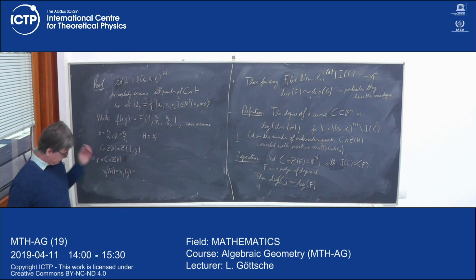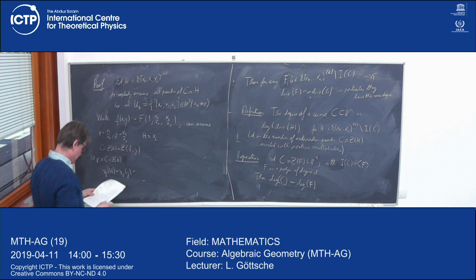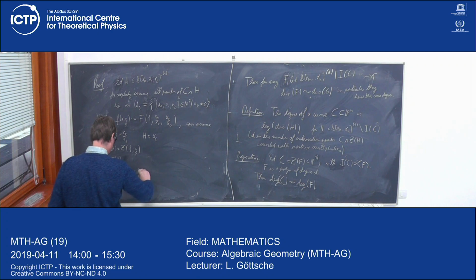So if the multiplicity of this is a certain number, it means it lies in the maximal ideal to that power. And I claim this is the dimension over K of the local ring of C at P divided by y.